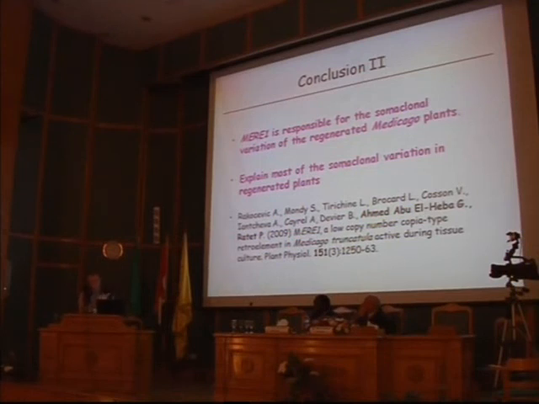We have other plants with mutations that we found, and for the moment, I don't say it's always the case, but for the moment this is linked to this element. So most of the somaclonal variation in the regenerated plant can be explained by what we see here. For those who are interested in the detail, this is the publication. I put it here. Reda, who is talking after me, was also involved in this work.